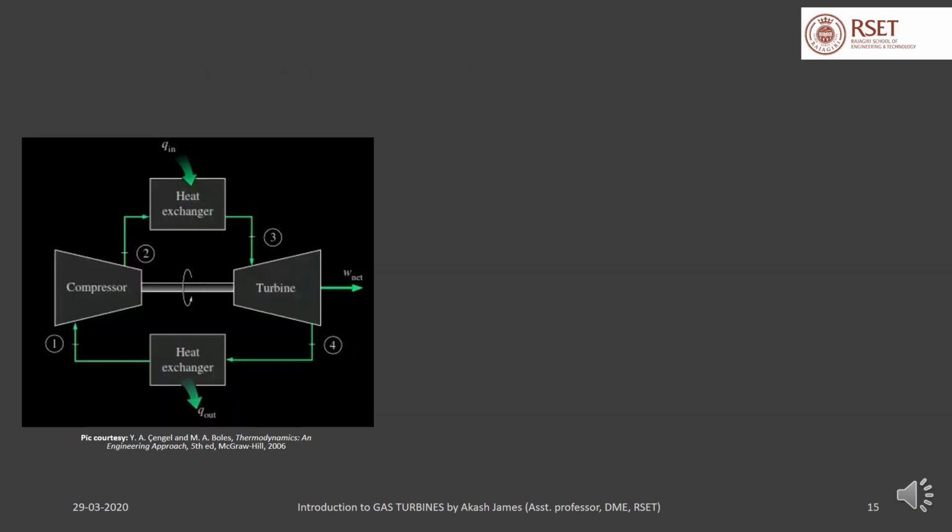Now, this is the schematic of a closed cycle gas turbine. We will try to draw the TS diagram of an ideal gas turbine cycle. We assumed that the compression and expansion processes happening in the compressor and the turbine respectively are isentropic processes. An isentropic process in a TS diagram is a vertical line because the entropy remains constant.